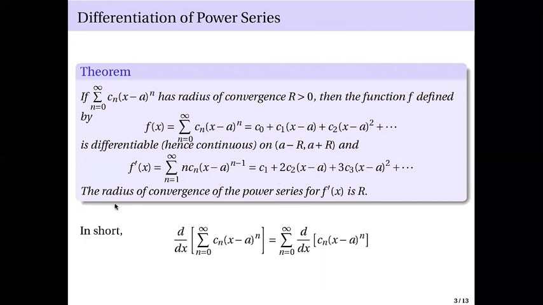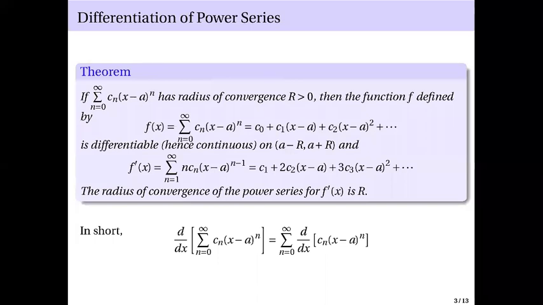The radius of convergence of the power series for f prime of x is also r. So in short, if you want the derivative of this power series, all you need to do is get the derivative term by term.